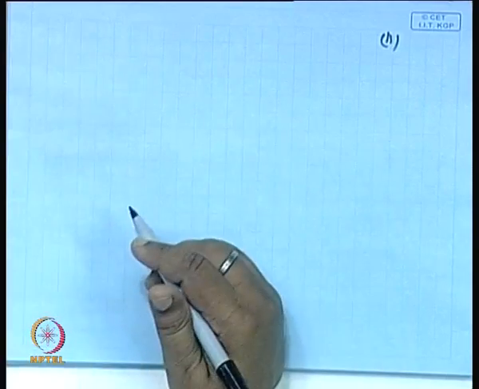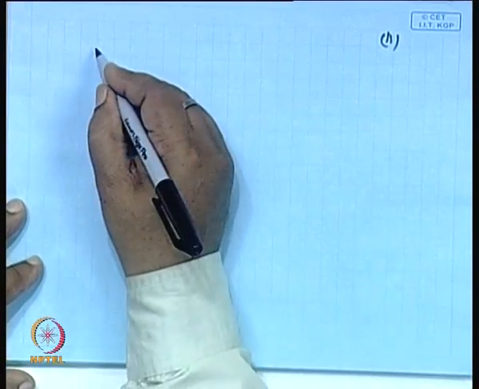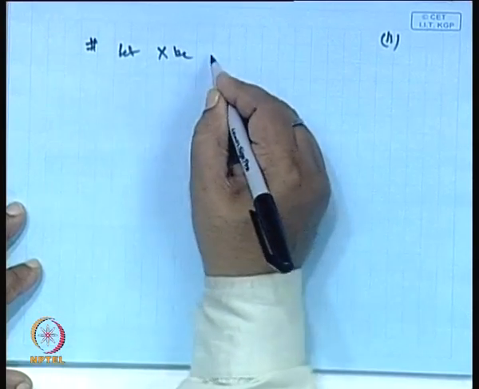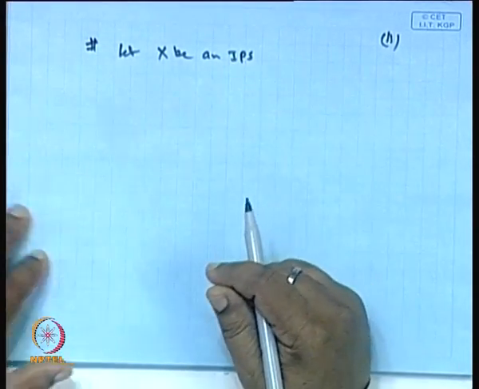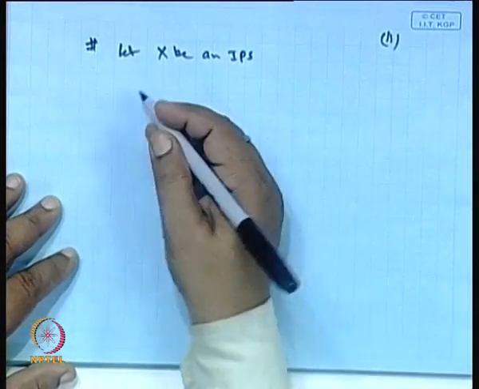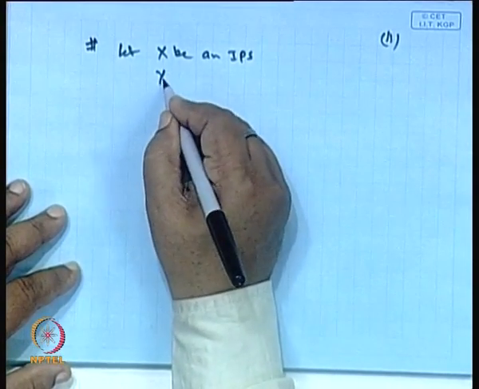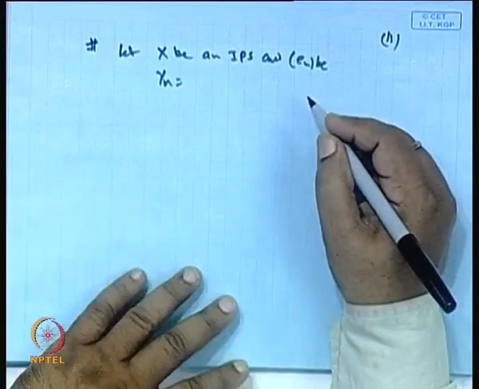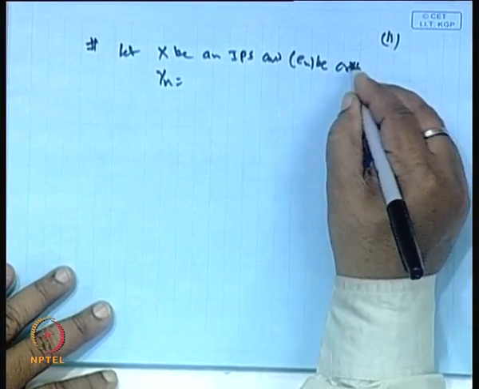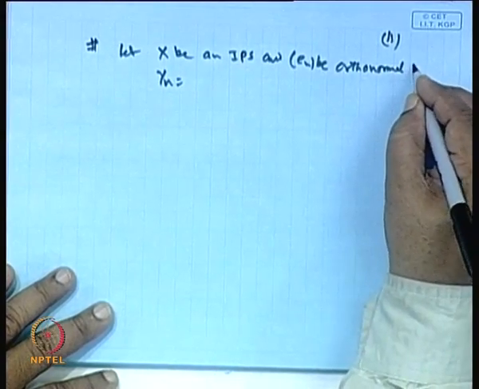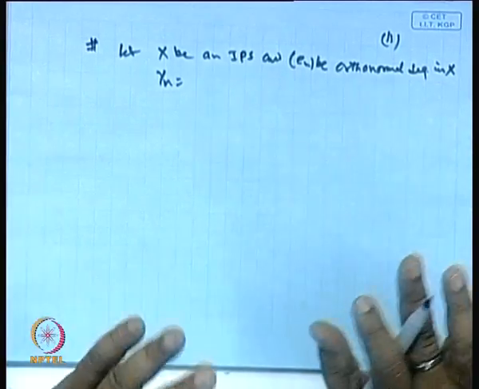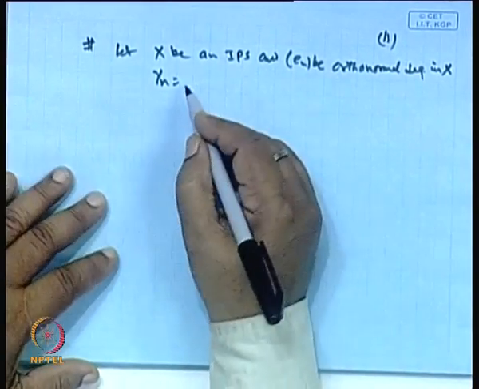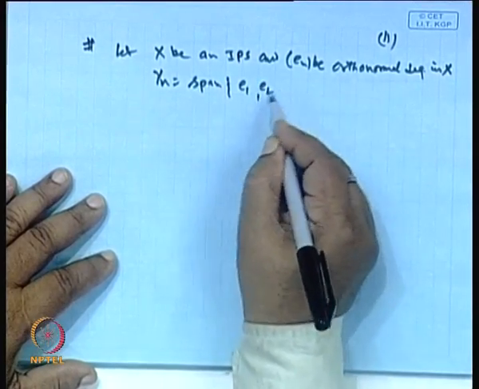So, that is the advantage of this. Now, another advantage of this orthogonal, orthonormal sequence is, as we have seen, suppose we are dealing with this: let X be an inner product space, and let (e_n) be an orthonormal sequence or orthogonal sequence in X. Now, Y_n is suppose the span of e_1, e_2, ..., e_n.